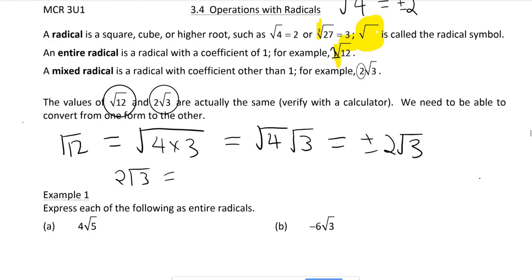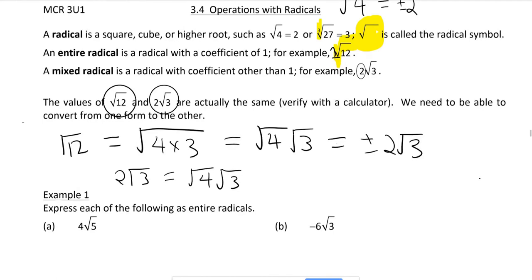So 2 is my whole number here, and I want to turn that into a square root. Well, we know that the square root of 4 is equal to 2, so I'm going to write that to replace the 2.